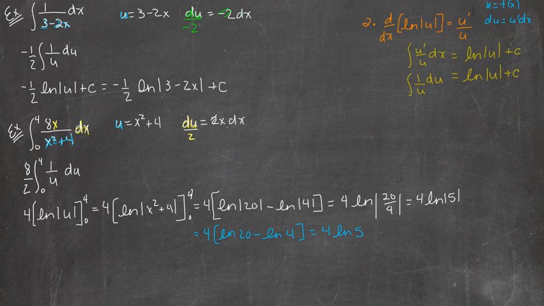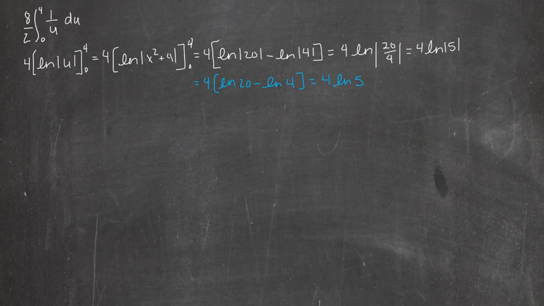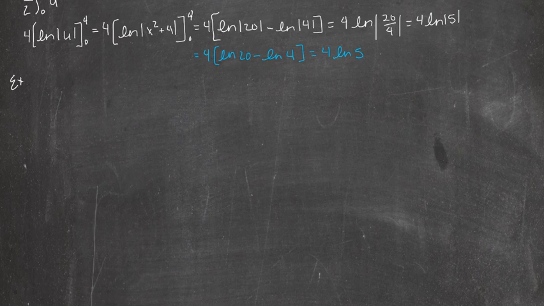But sometimes you have to do some rewriting in order to even apply the rule. So let's look at a couple of those. Sometimes you get some big ugly thing like x squared minus 3x plus 2 over x plus 1, and you're asked to integrate that.